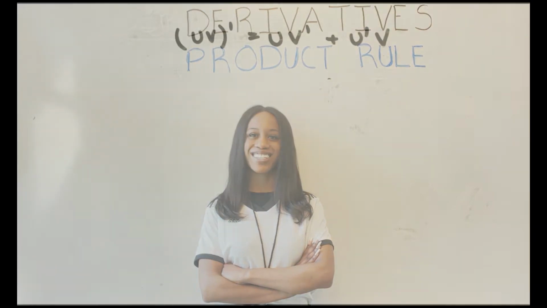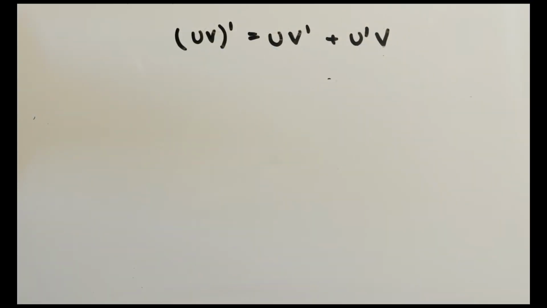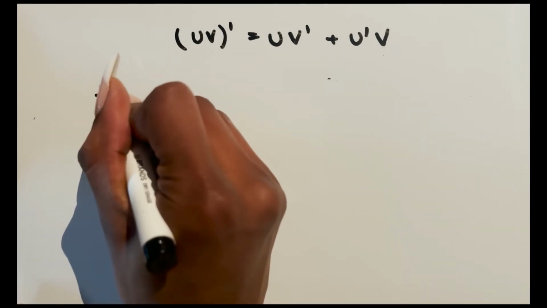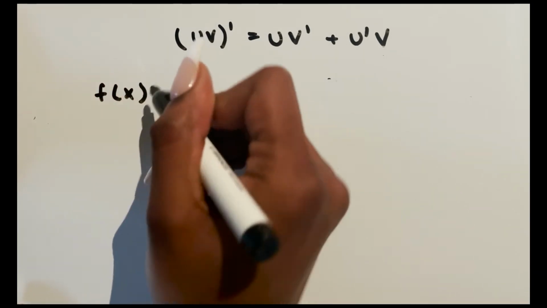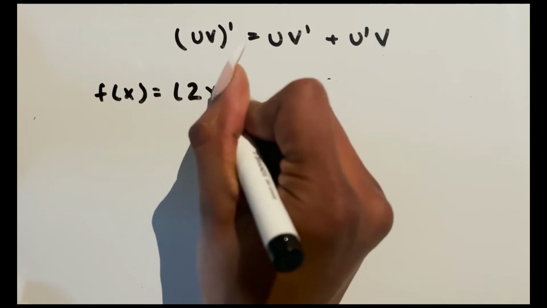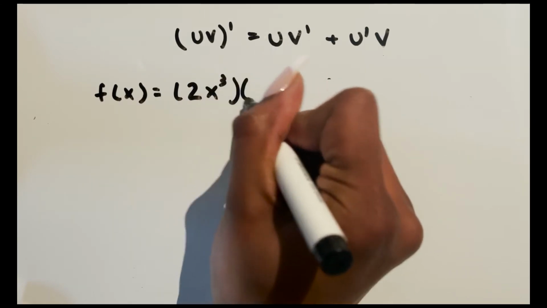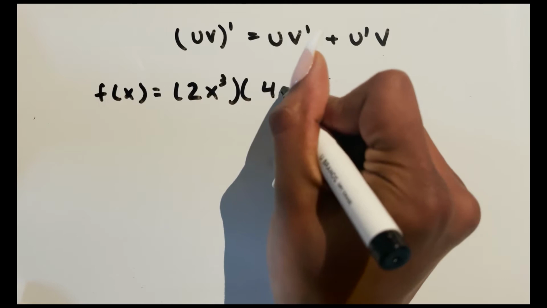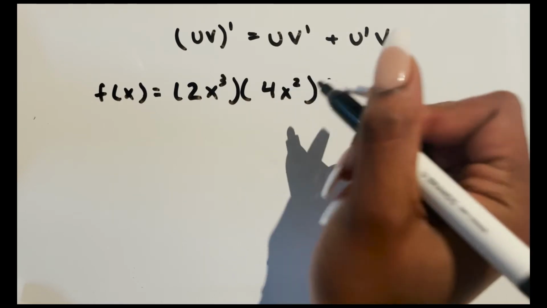Let's get started. As we've briefly gone over, the product rule is used to find the derivative of a function that includes two terms or more being multiplied. So let's take a look at this function here. F of x equals 2x cubed times 4x squared.